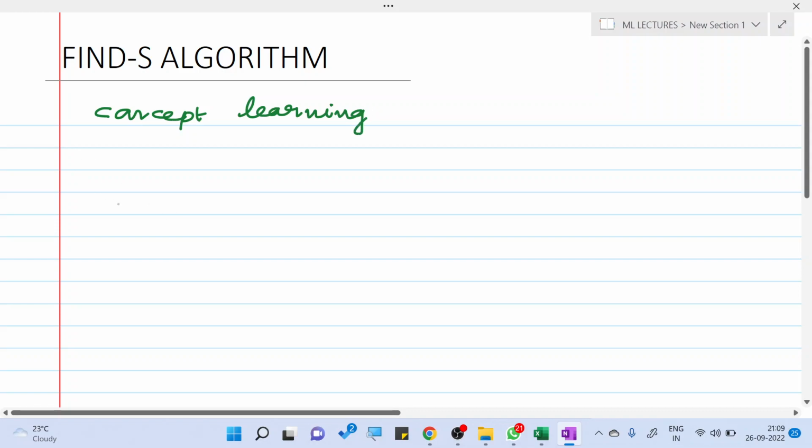Now, let us take an example concept. The concept is whether a person is COVID positive.